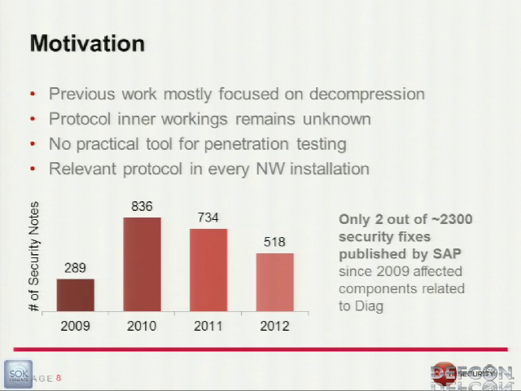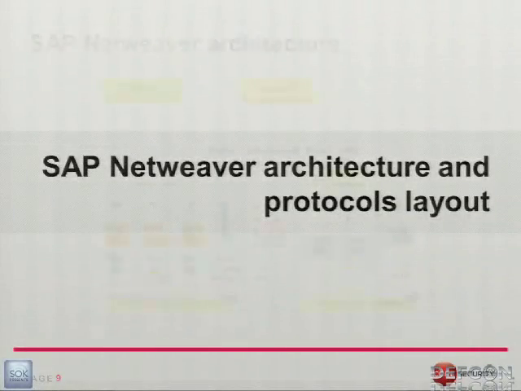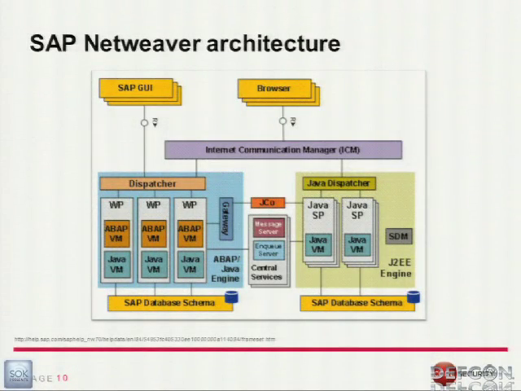So this also makes an interesting point to make some assessment and try to attack the protocol. So let's move on to the main components of the SAP Netweaver architecture. The Netweaver architecture is the infrastructure layer where all SAP's applications run, and it's based on a 3-tier layer.